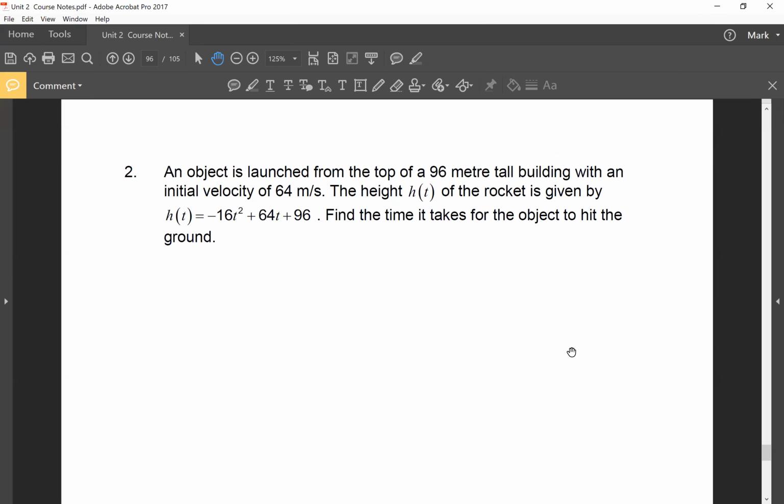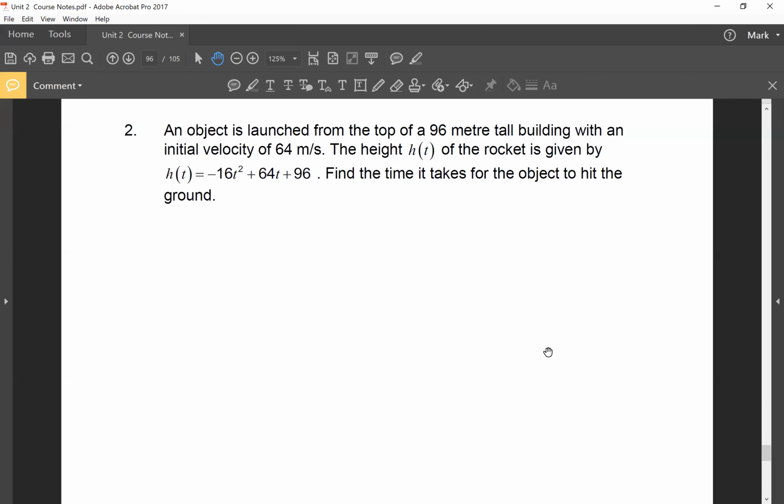I set up number 2 yesterday, so let's actually solve it. I mentioned this the other day. The object is hitting the ground. So when the object hits the ground, that's a height of 0. So my equation becomes negative 16t squared plus 64t plus 96 equals 0.